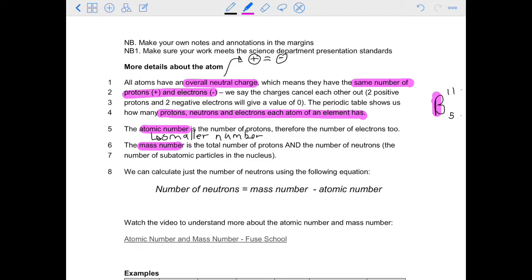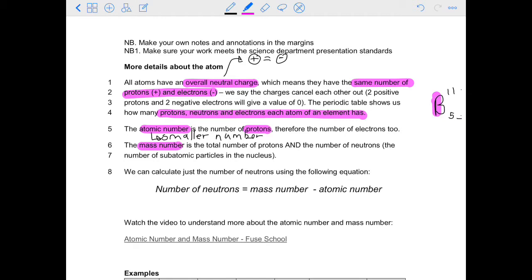So our atomic number for boron here, our 5, is equal to the number of protons. You'll notice every single element has a different atomic number. This tells you the identity of the atom. So if the atom has 5 protons, it will always be a boron atom.